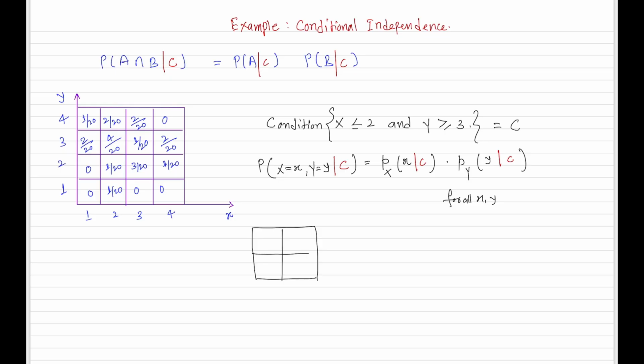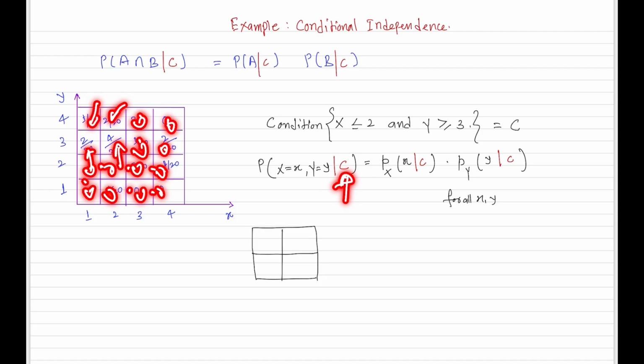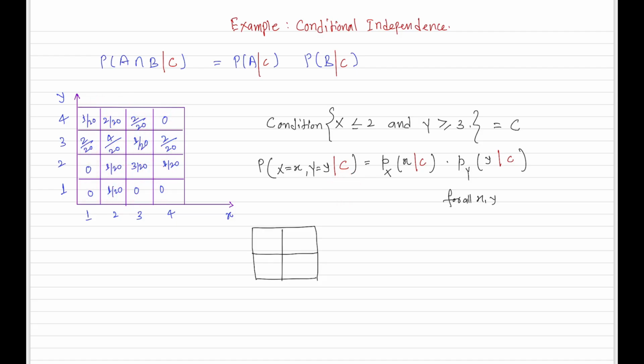And what happens to the other possibilities? Since those other possibilities are not falling into this condition C, all will be assigned 0 probability, and these probabilities will have some revision. What kind of revision? You can make use of the conditional probability definition.